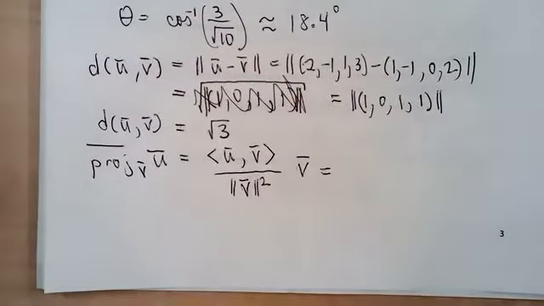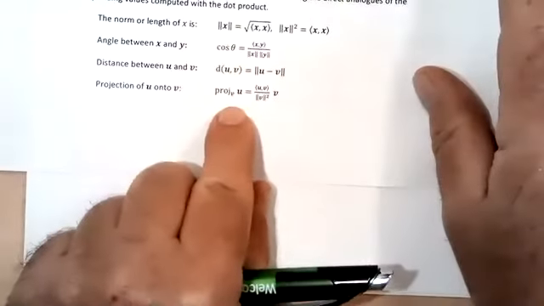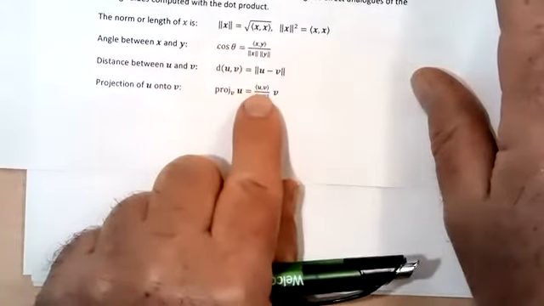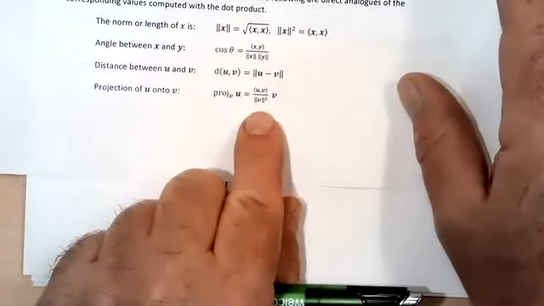And that comes from the formula: projection of u on v is inner product uv over length v squared times v.